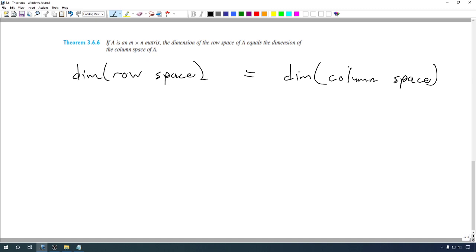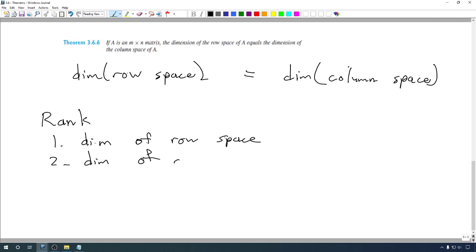That the rank has a few different interpretations. We can say it's the dimension of the row space. I mean, that's our definition for it. It's the dimension of the column space. The way we just proved this, it's the number of leading ones.